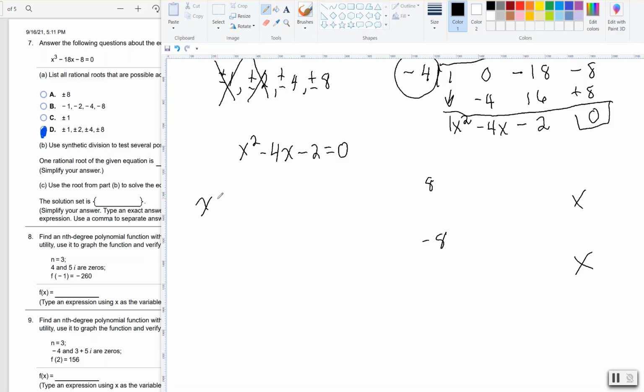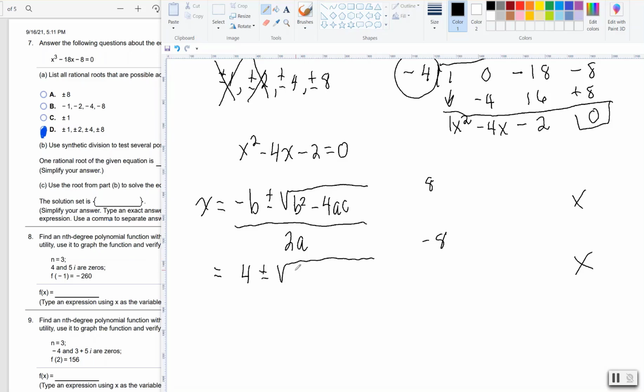So I'll apply the quadratic formula. x is the opposite of b, plus and minus the square root of b squared minus 4ac, and all of that is over 2 times a. So the opposite of b would be a positive 4, plus and minus the square root of 16 minus 4 times 1 times negative 2.